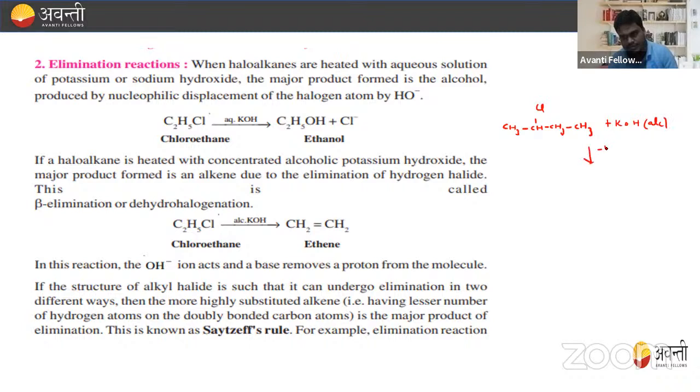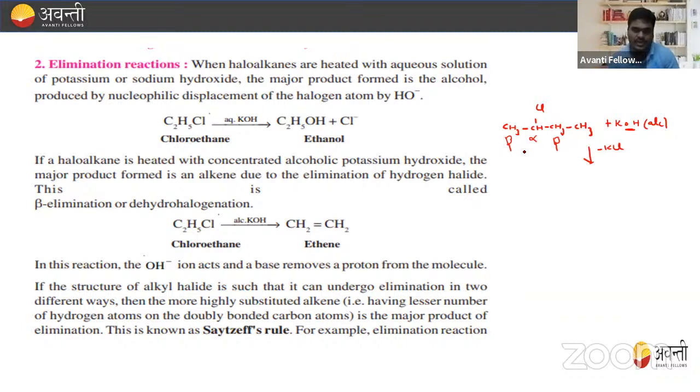KCl will be removed, and elimination will take place with OH accepting one H. Which position do they accept H from? The carbon to which the halogen atom is attached is the alpha carbon. The next carbon next to the alpha carbon is called the beta carbon. So it is either this side or this side. This is the alpha carbon, this is the beta carbon.